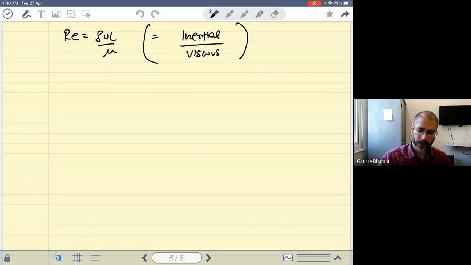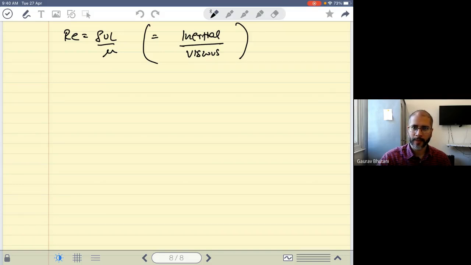But you can see that the numerator has the term u, which is bringing in the effect of inertia. The faster the incoming flow, the more the inertia, and the more the viscosity in the denominator, the more the viscous forces. So what we are basically saying is the Reynolds number is the ratio of these two quantities.